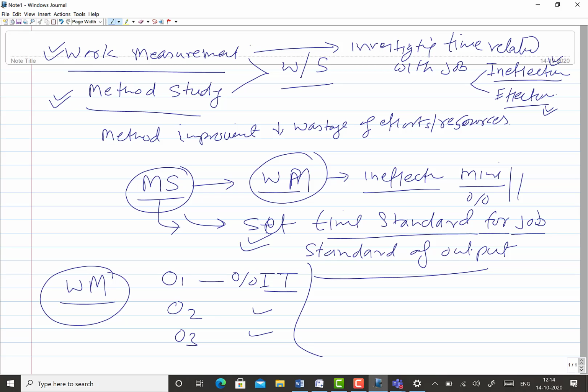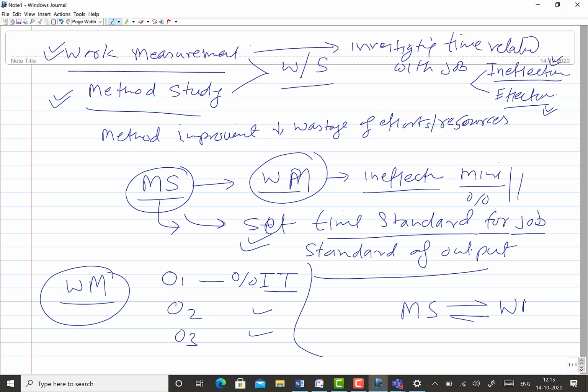Based on that we can take a decision on which type of job is to be taken up for the method study. So there are both possibilities, method study and work measurement.